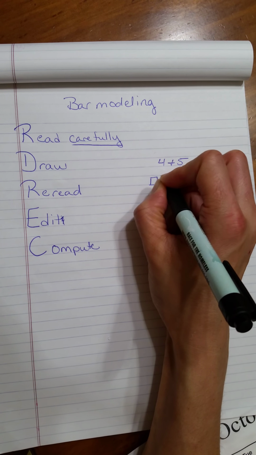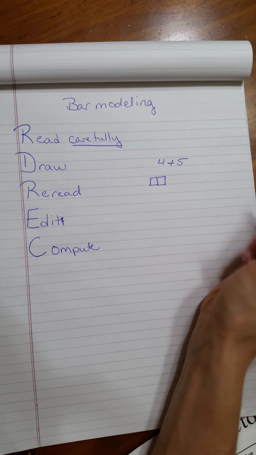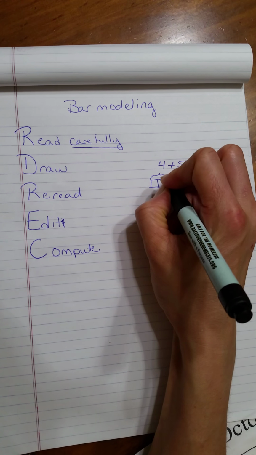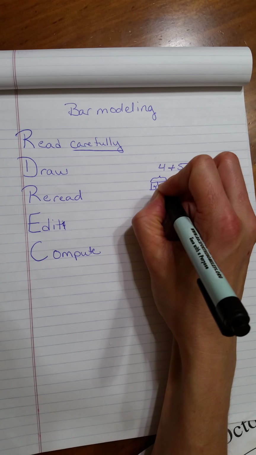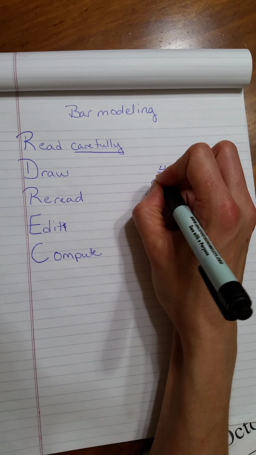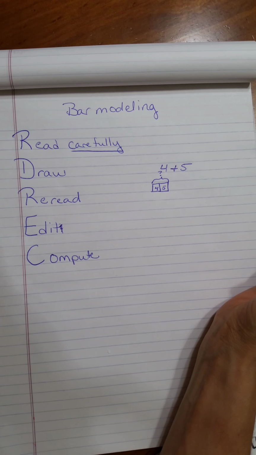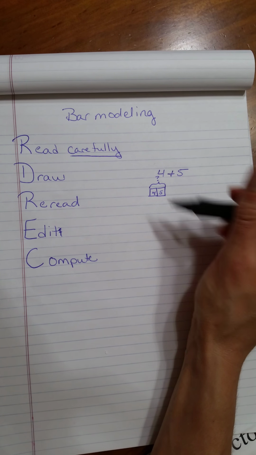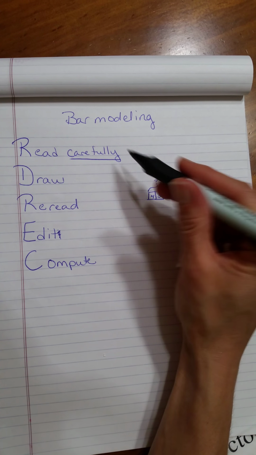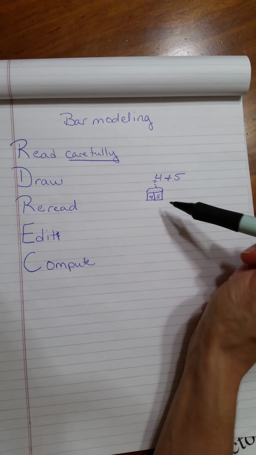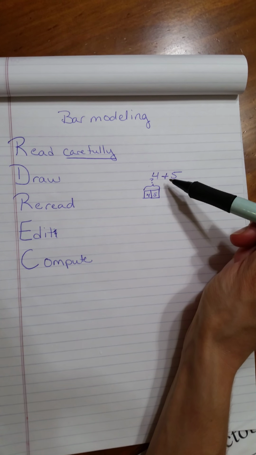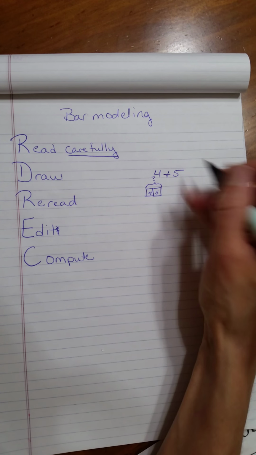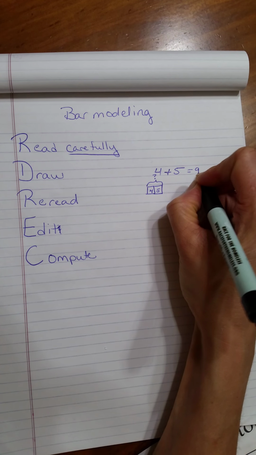So I would draw my 4 and my 5, and I would label them 4, 5, and question mark there, because that's what it's asking us. So I would look and see, that's the information that I've been given, I've drawn it, I reread to check myself, no editing necessary. Now I'm ready to compute.